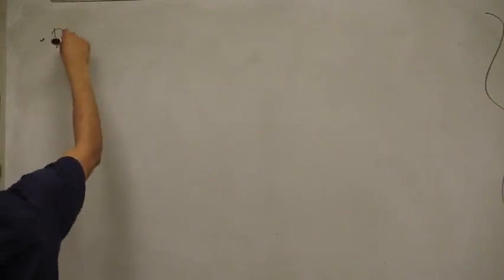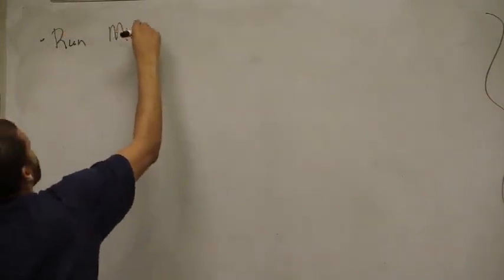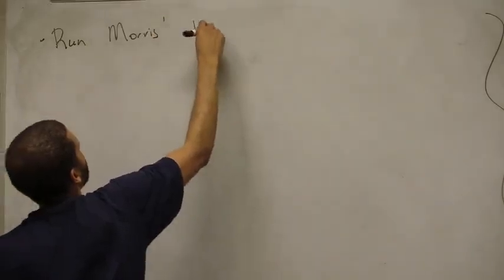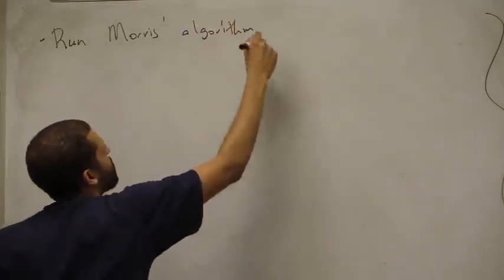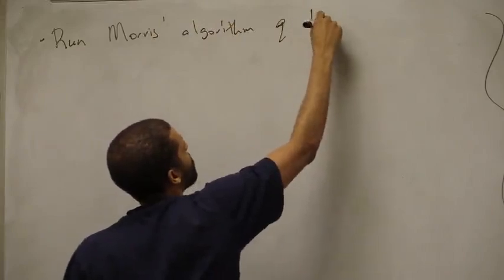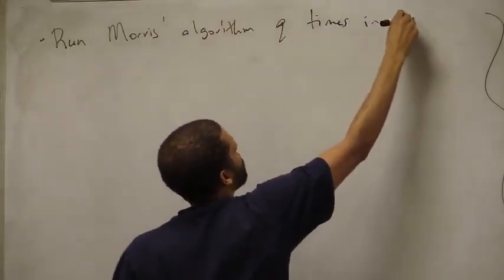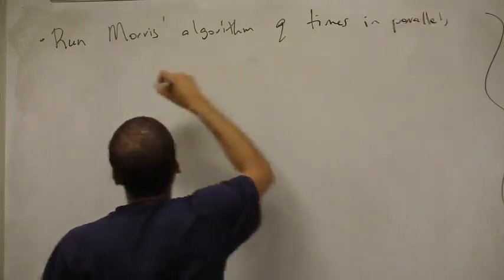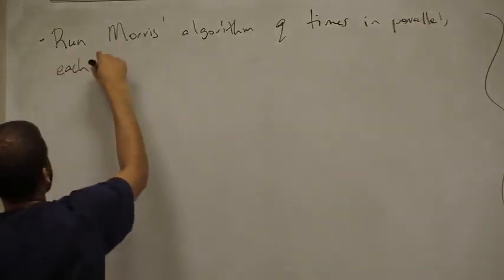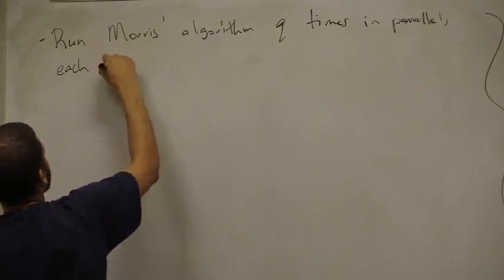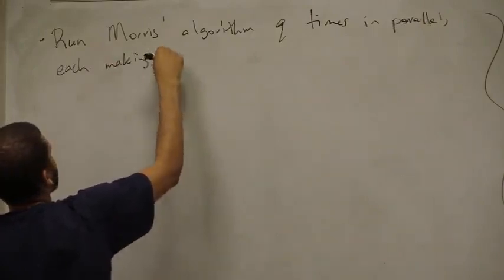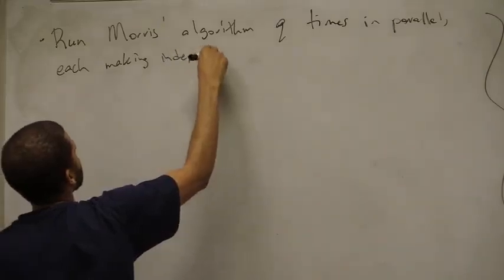So what we'll do is we'll run Morris's algorithm Q times in parallel, each making independent random decisions.